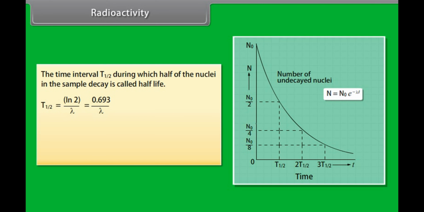T1/2 = ln 2/λ = 0.693/λ. The mean or average life of a radioactive material is τ = 1/λ.